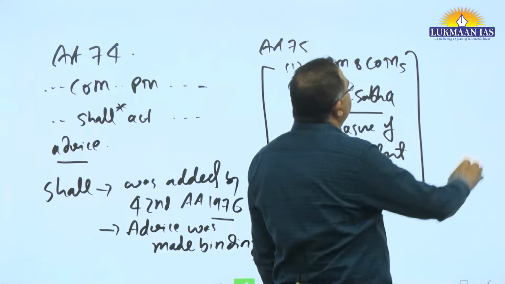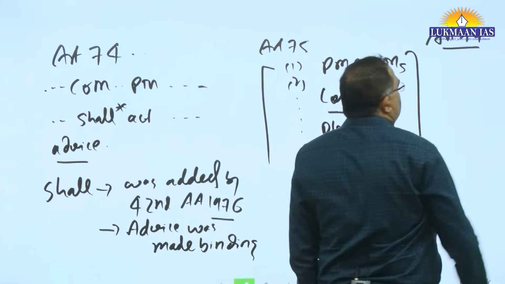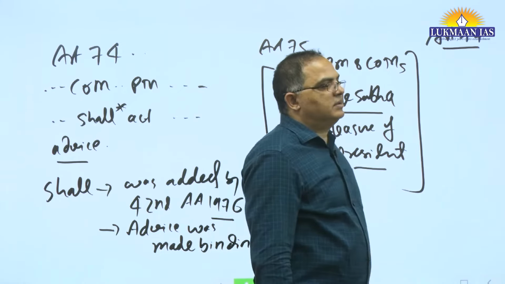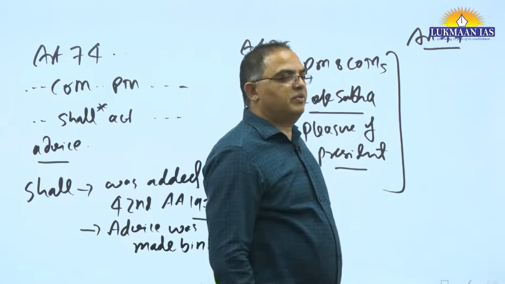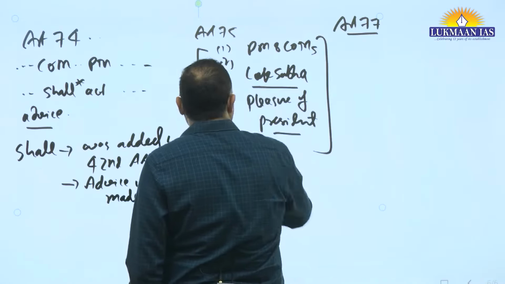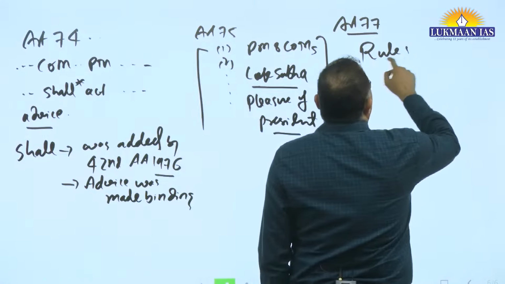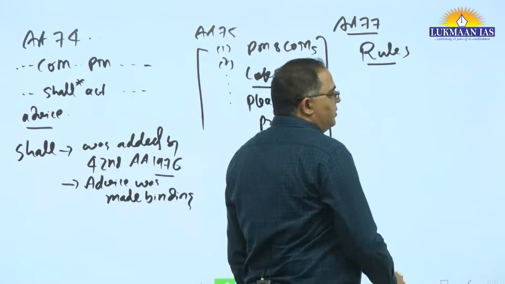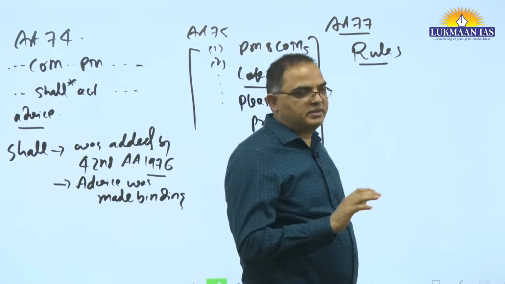Then Article 77. It is about making rules for the convenient transaction of business of the government.